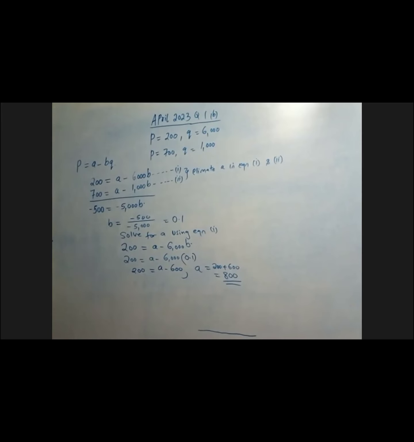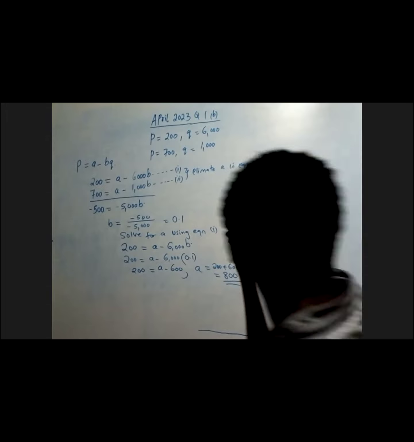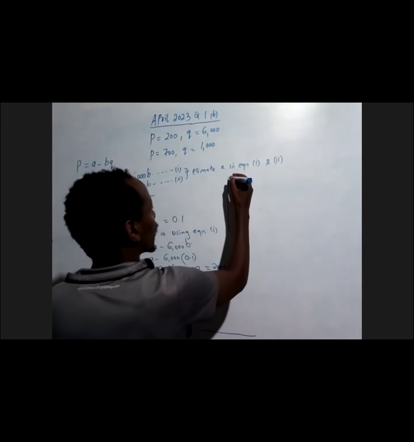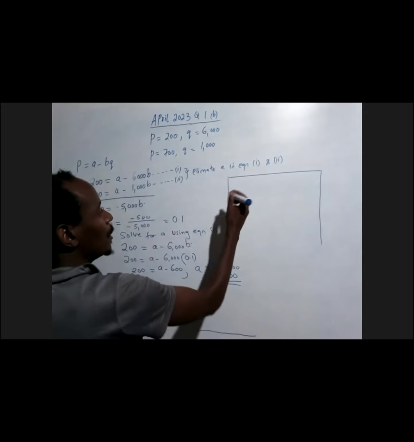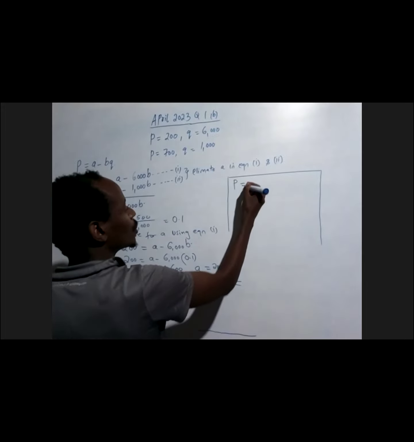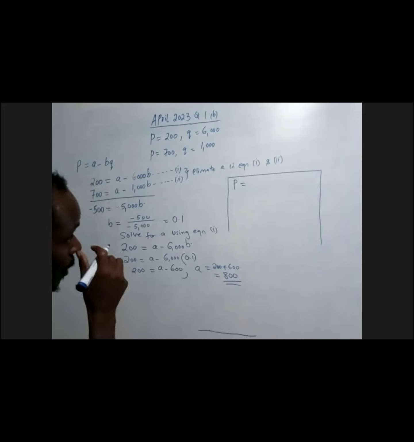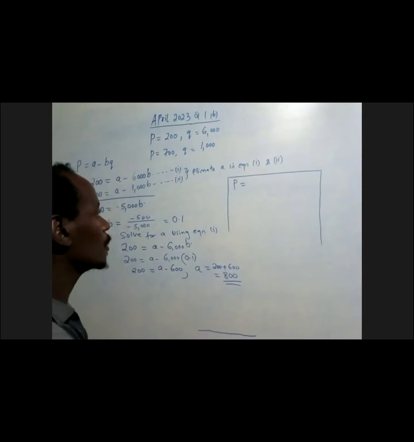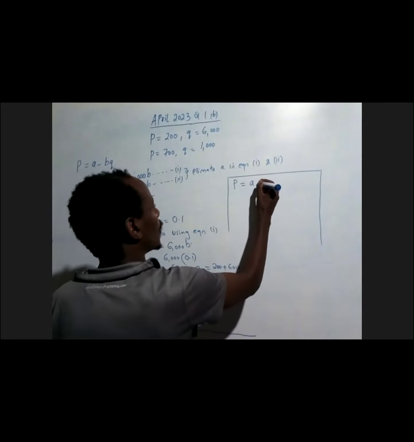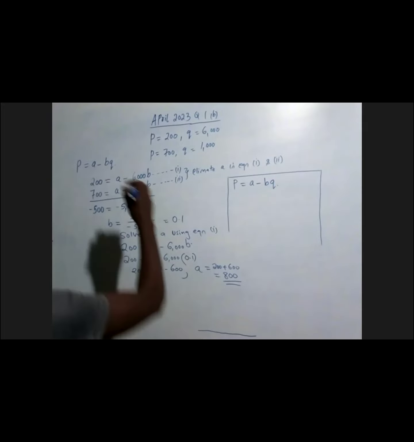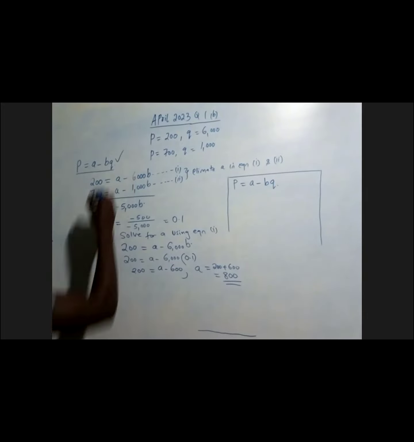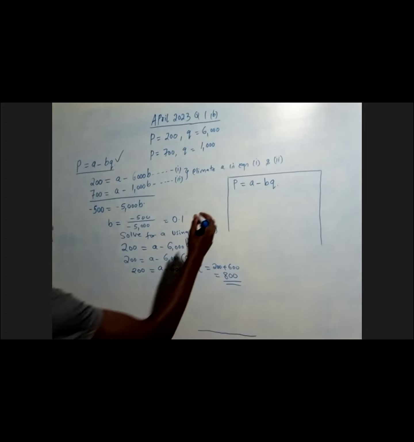Now, once we have our A, we can conclude and say that our P, which is the price, equals A minus BQ.